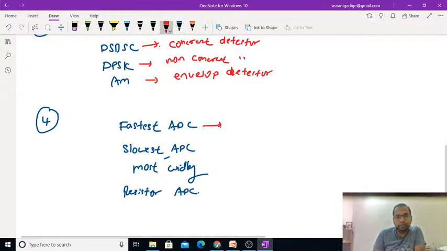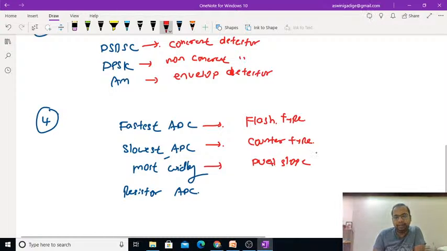The correct option is: the fastest ADC is the flash type, a very fast ADC. The slowest one is the counter type ADC. And the most widely used is the dual slope.